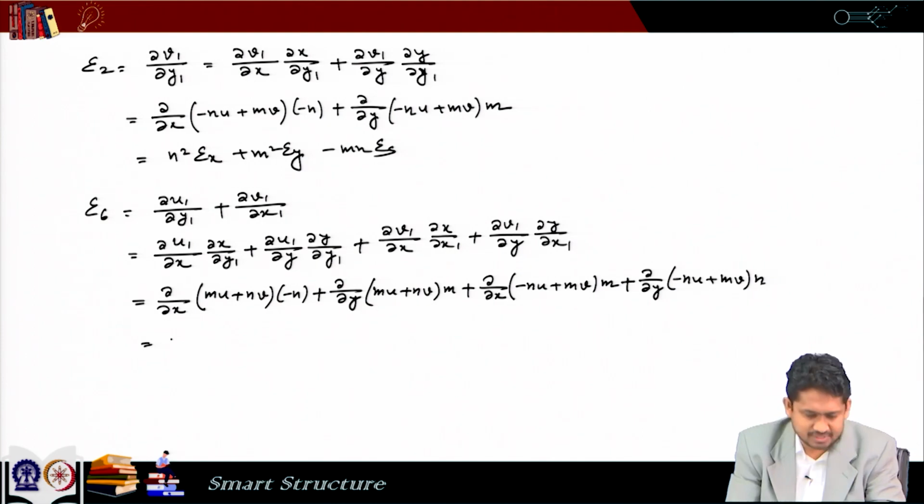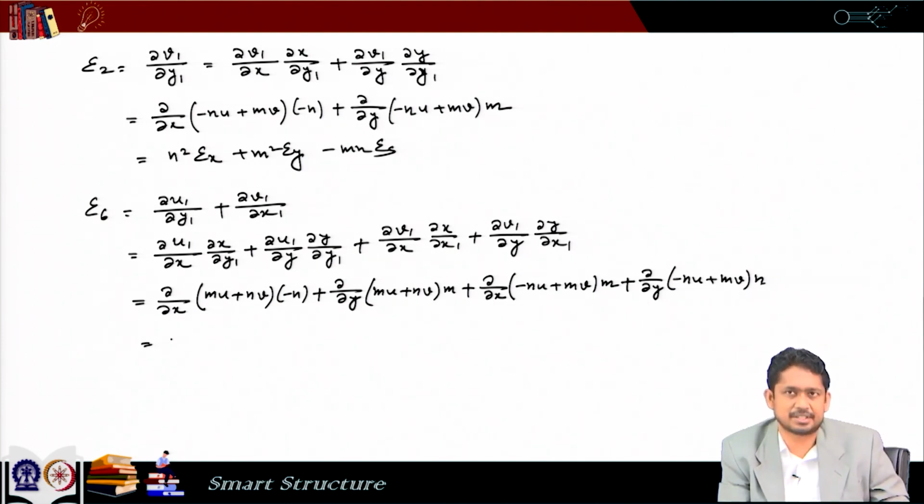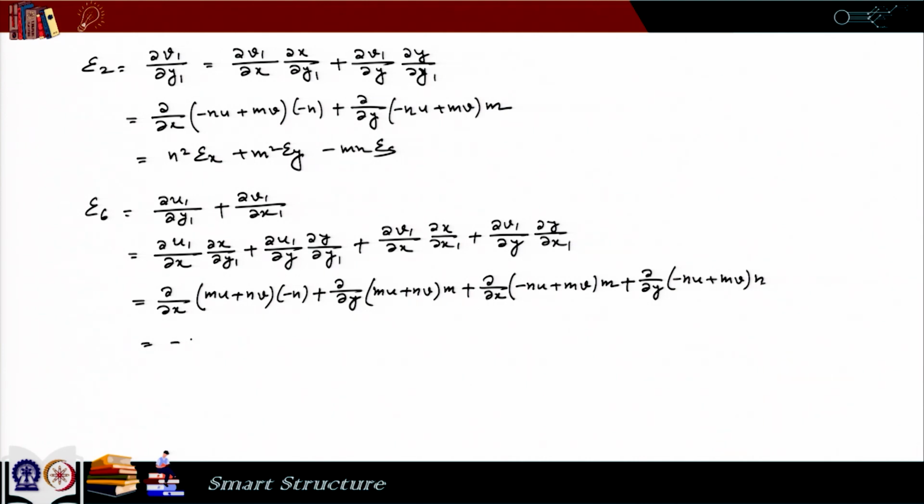Now, we can again simplify the entire relation, and that gives us the final relation, and the relation becomes minus of 2 m n epsilon x plus 2 m n epsilon y plus m square minus n square epsilon s, or epsilon x y. So, epsilon s is equal to gamma x y.